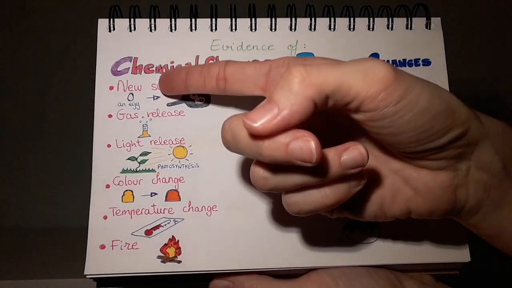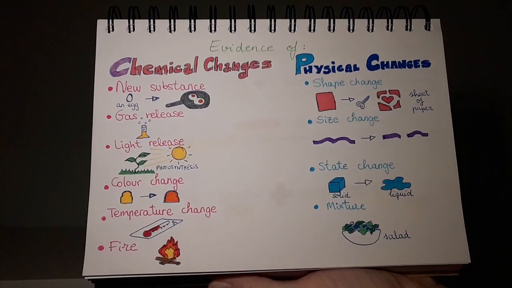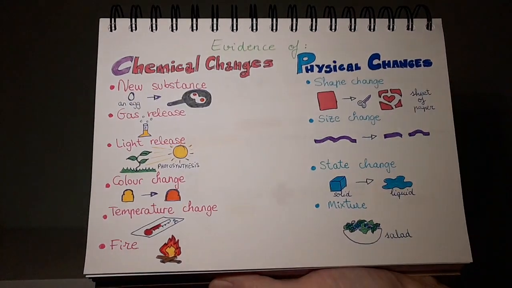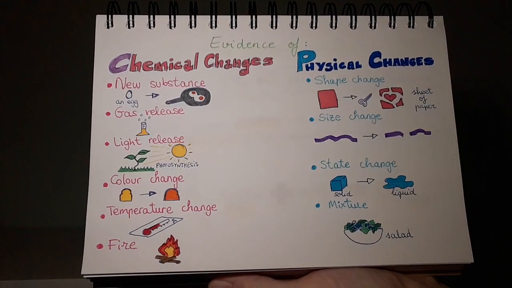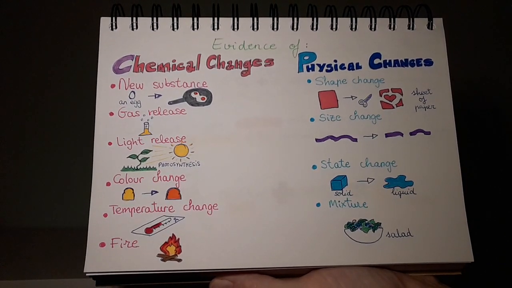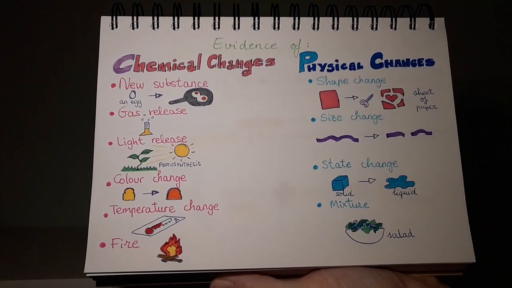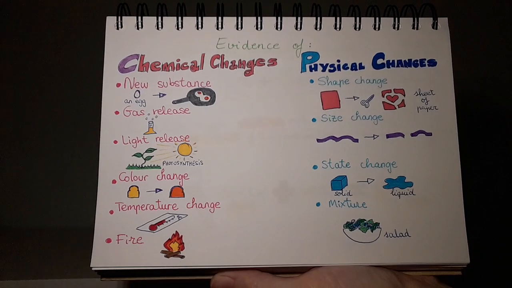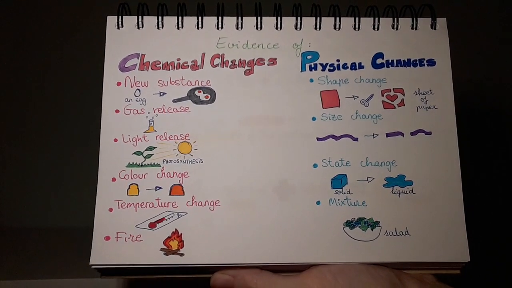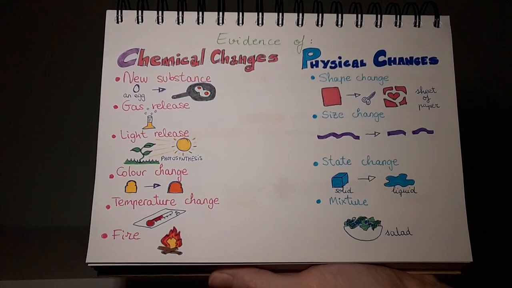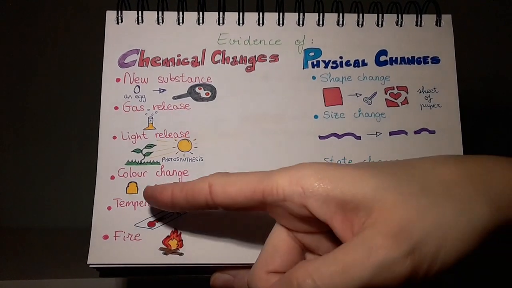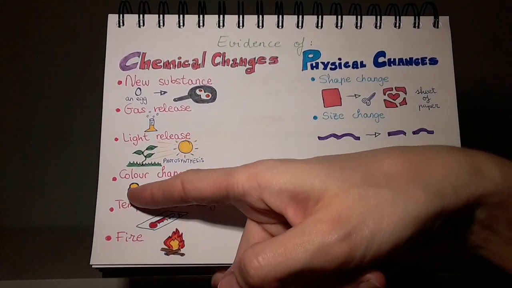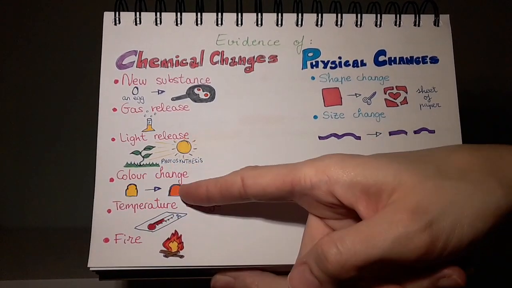So in chemical changes, we have new substance, for example, a fried egg, gas release, light release, for example, in photosynthesis, color change, for example, if we put a slice of bread in the toaster, we change its color, okay?